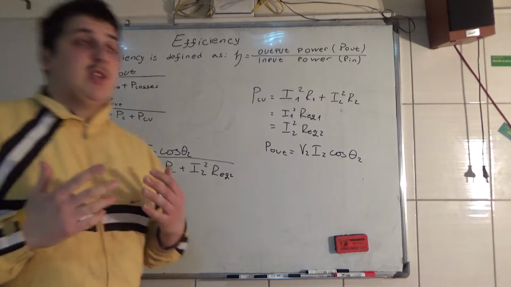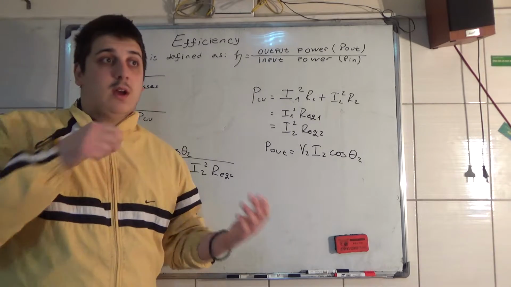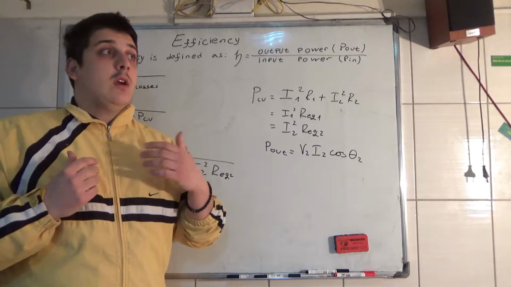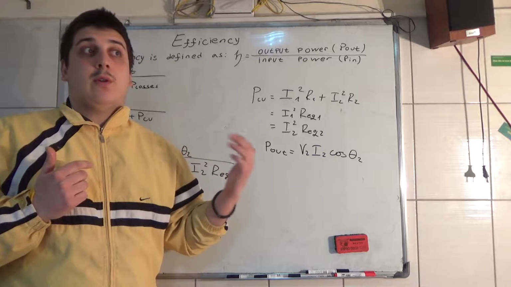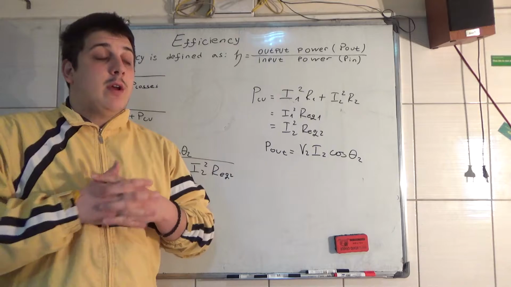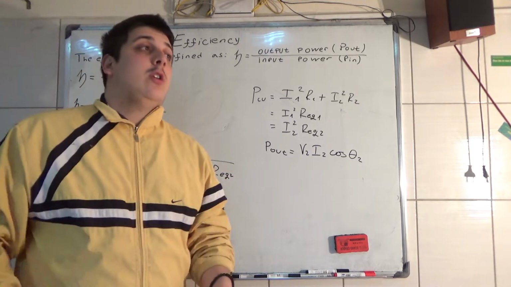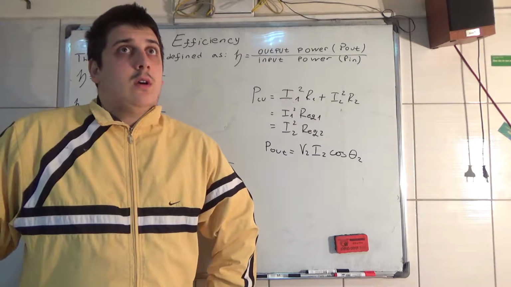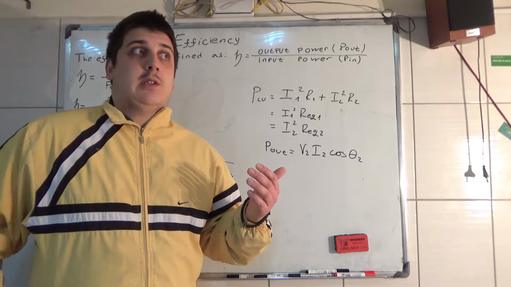Now, the efficiency of a transformer is very high, because it's a static device. It doesn't have any rotating or mechanical parts, and it doesn't have any air gaps as in rotational machines. It doesn't have friction and ventilation losses.